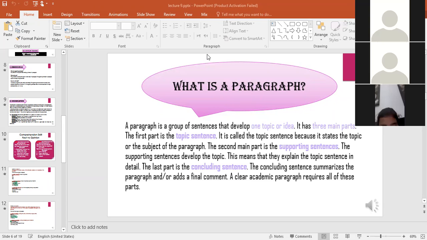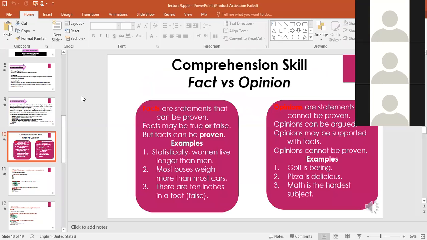So the concluding sentence sums up the whole paragraph, and at the same time, it restates what is mentioned in the topic sentence using different words.